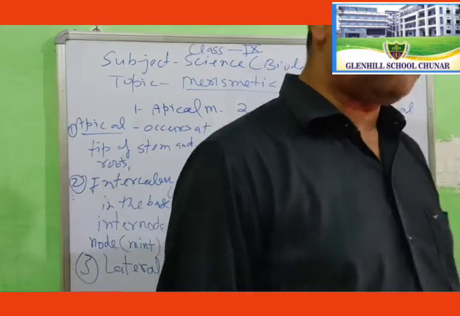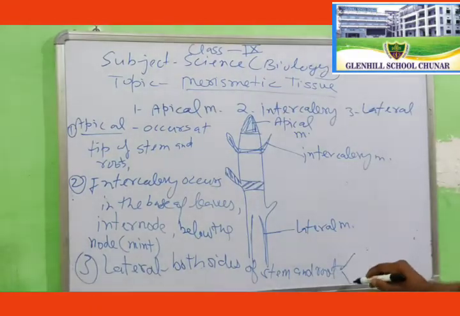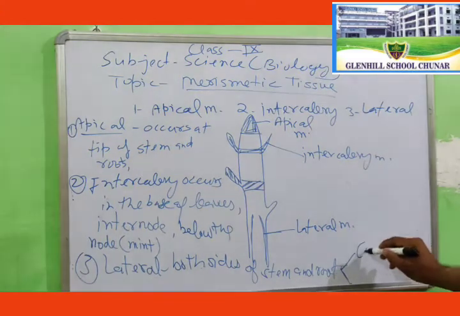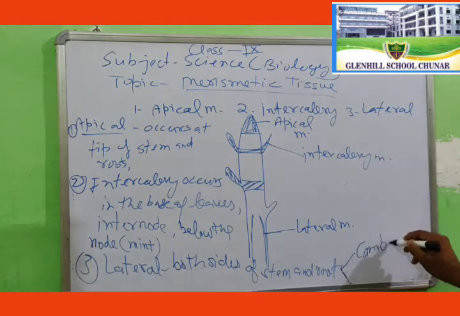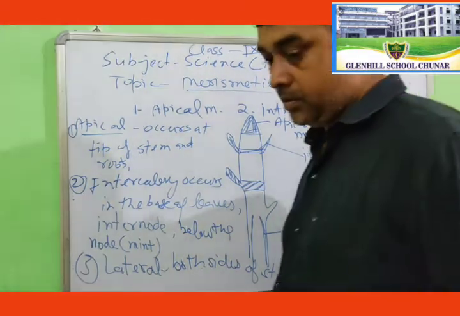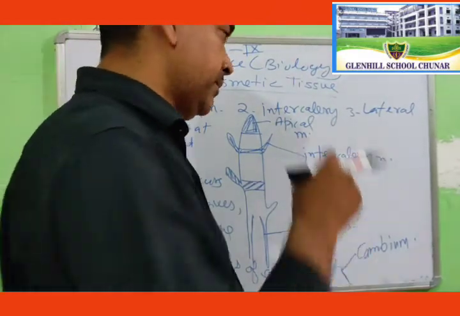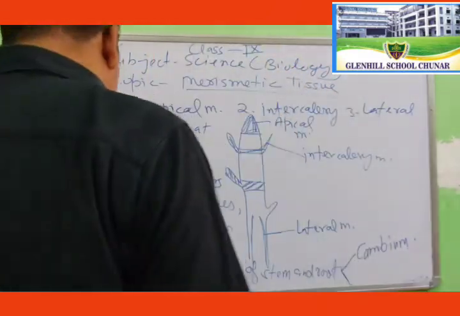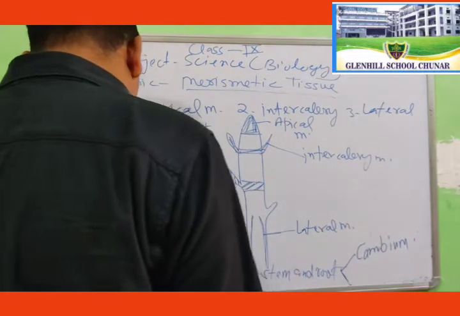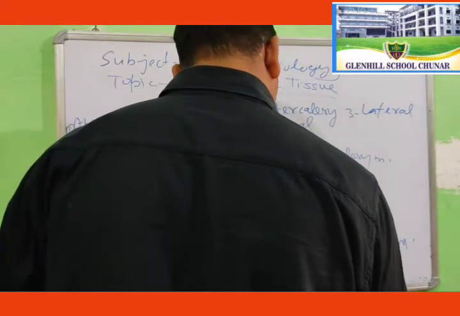And lateral meristems are generally of two types. Vascular cambium, which is found between the xylem and phloem, and cork cambium.